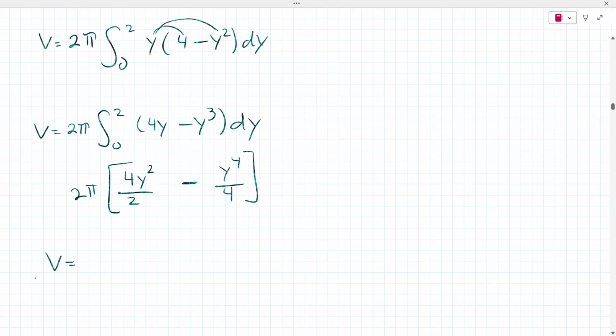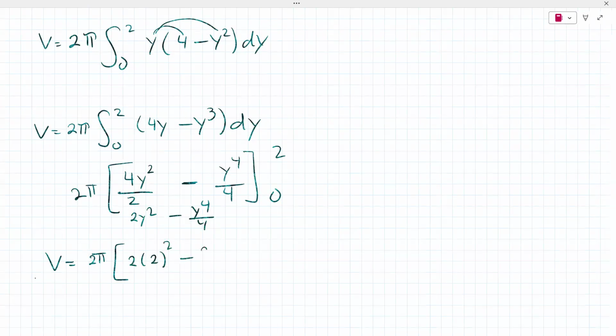Okay, let's see. You could do your boundaries now, and then distribute the 2 pi. That's what I'm going to do. So 4 over 2 is 2, y squared. Plug in your upper minus lower. So it's 2 times 2 squared minus 2 to the fourth over 4. And then the lower one is easy, that's just minus 0.